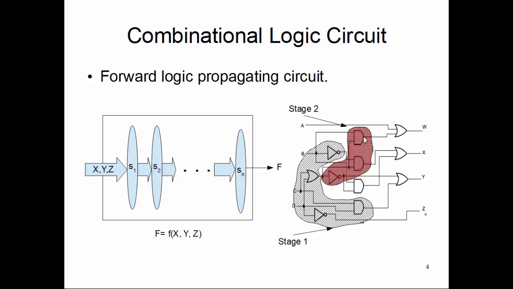Similarly, there can be a stage 3, where the inputs come either from the primary inputs, from stage 1, or from stage 2. In this example, this gate is driven by stage 2, this input is driven by stage 1, and this input is driven by stage 2 as well.